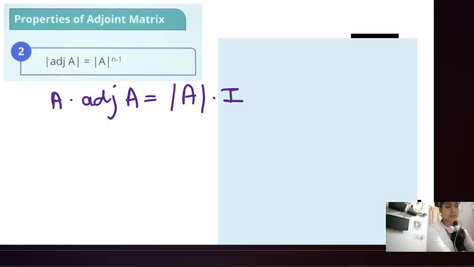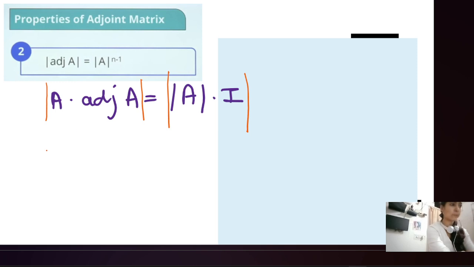We know this part. So from here, we can find the determinant of both sides. Like this. We already discussed the properties of determinant.